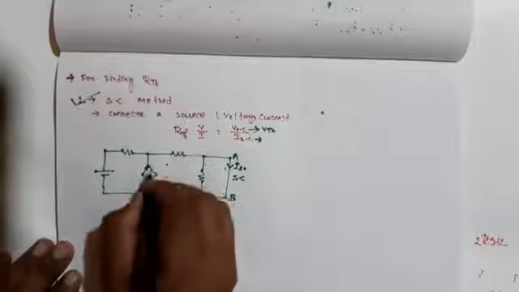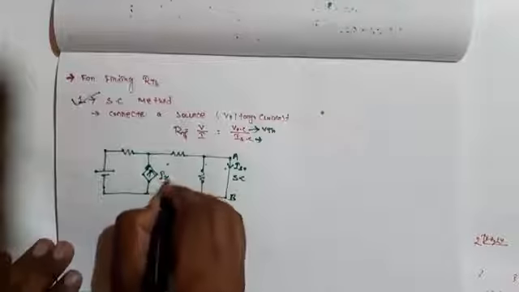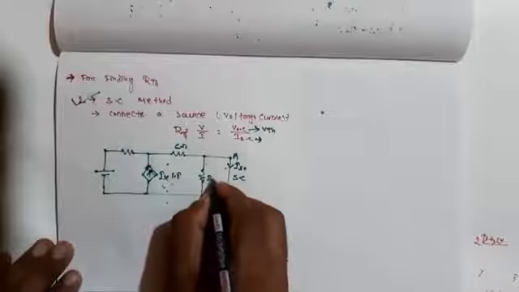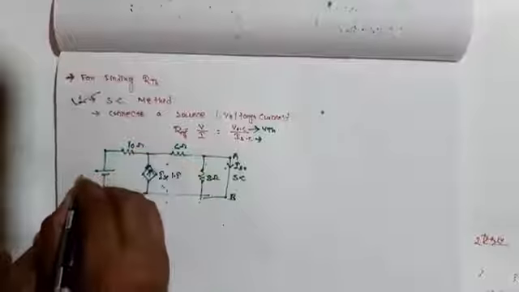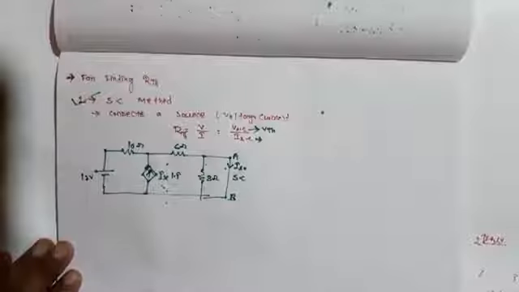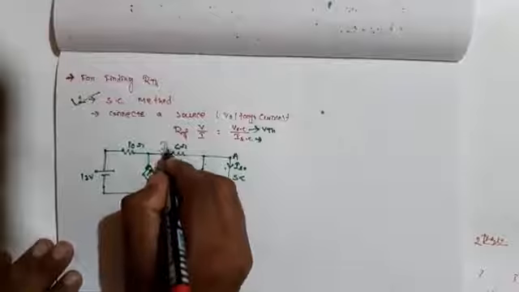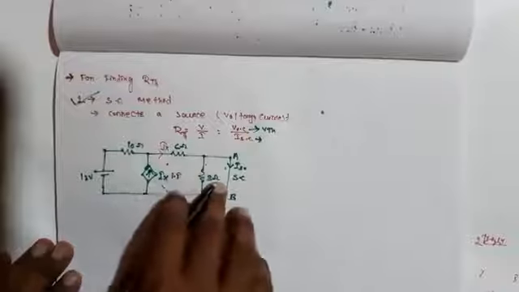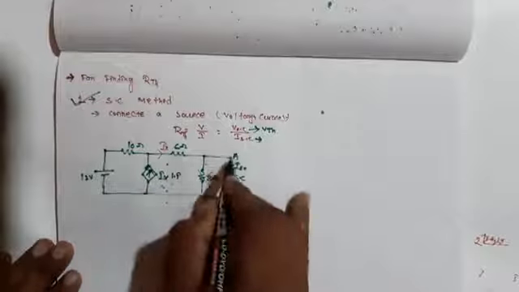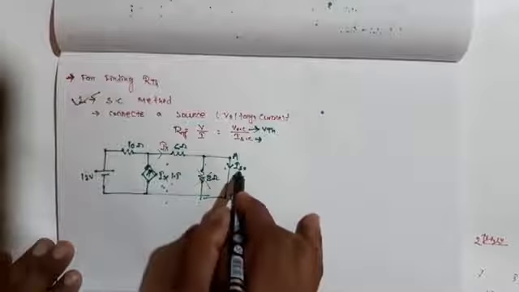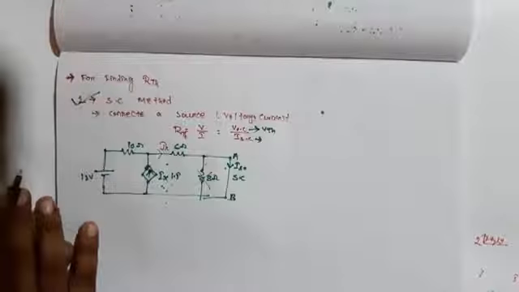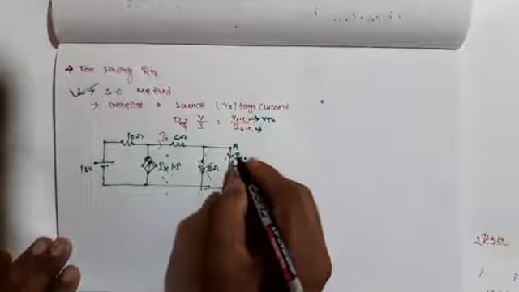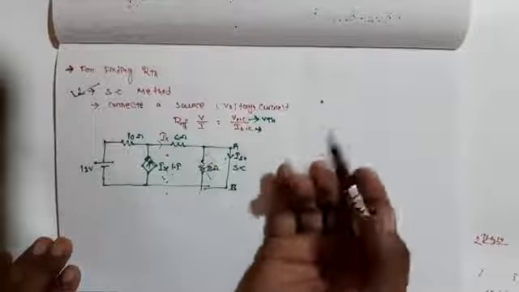This is IX 1.5, this is 6 ohm, this is 8 ohm, this is 10 ohm, this is 12 volt. Here this is IX. This 8 ohm can be directly eliminated because it is connected across the short circuit, so it cancels out. We need to find this ISC, which is equal to IX. If we find this ISC, then we put VOC by ISC, so that we find RTH.